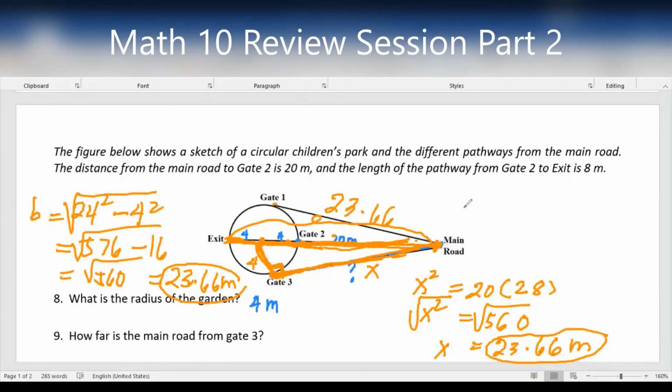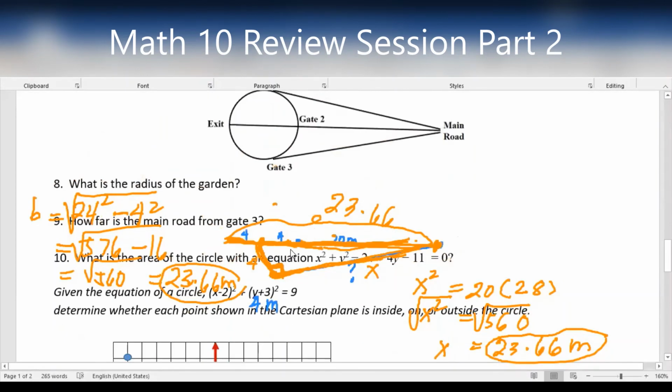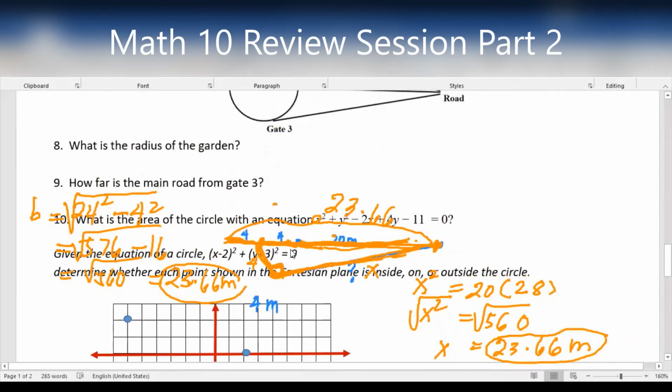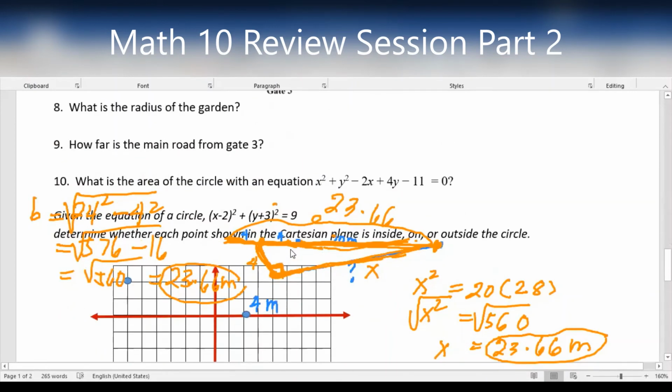Okay? So I hope those who got it wrong, you realize now your mistake for solving this. Next, so this is the answer for number 9. So 8 and 9 na yan. So, let's proceed. Last na. 9, 10. Ito. Number 10 na tayo.